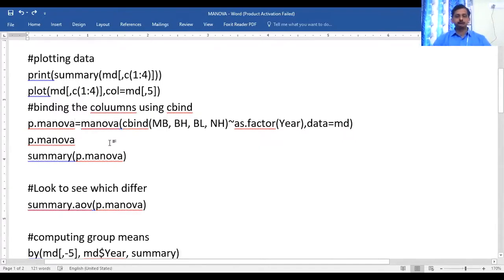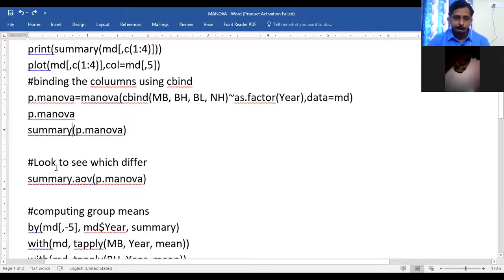The summary of P.manova will give us the significance, that is, the overall MANOVA, whether there exists any difference between these parameters over the years.